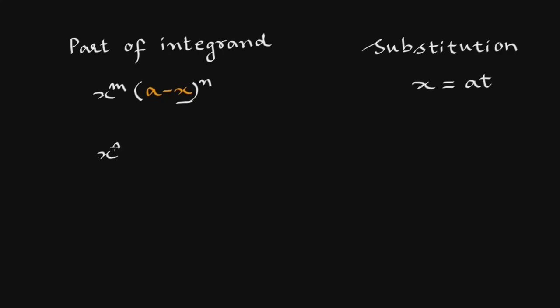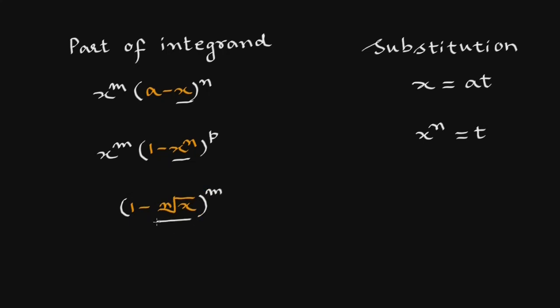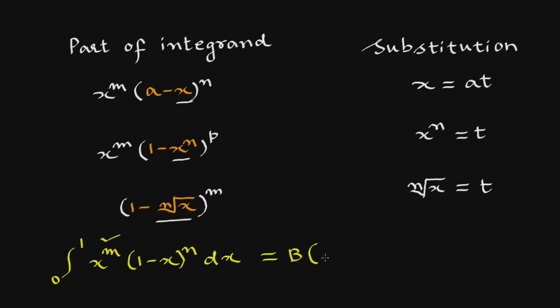When it is x raised to m into (1 minus x raised to n) whole raised to p, it should be x raised to n equals t, and when it is (1 minus nth root of x) raised to m, proper substitution would be nth root of x equals t. By these substitutions, the integral turns into the integral from 0 to 1 of x raised to m into (1 minus x) raised to n dx, which is a beta function B(m plus 1, n plus 1).